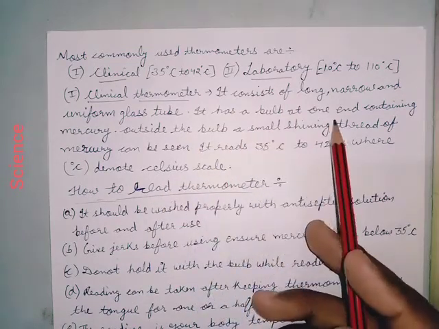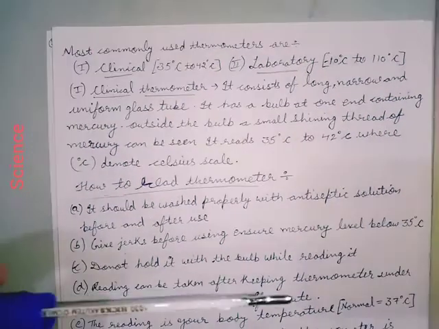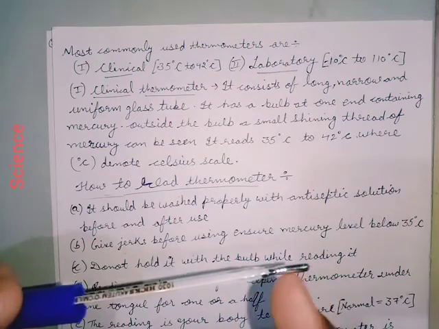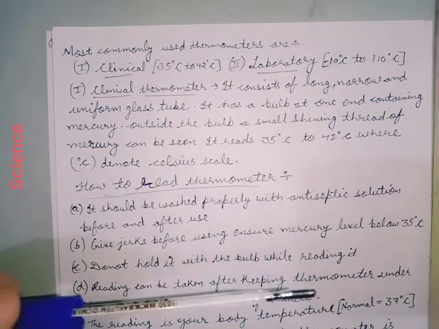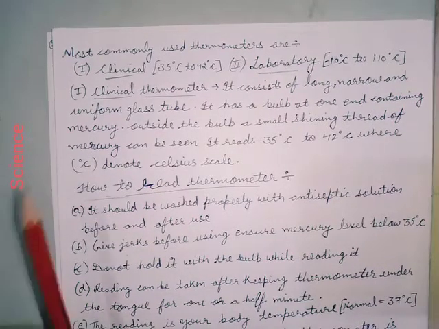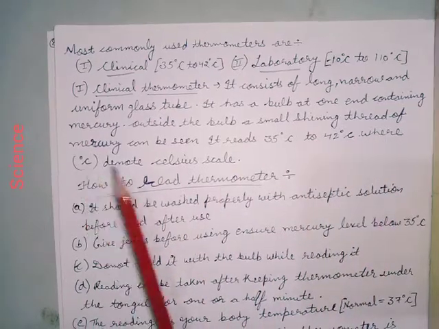What is the meaning of bulb? Let's have a look. The starting point is called the bulb, where there is mercury liquid inside, and outside the bulb a small shining thread of mercury can be seen.